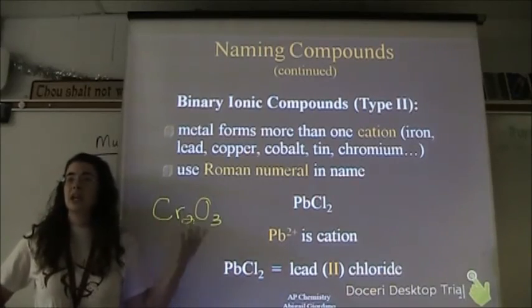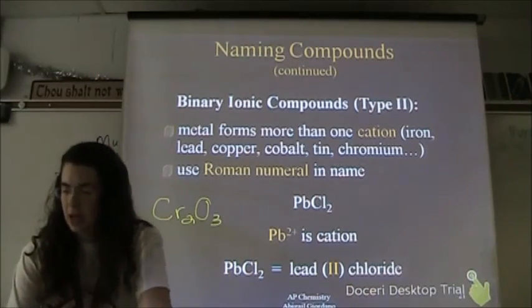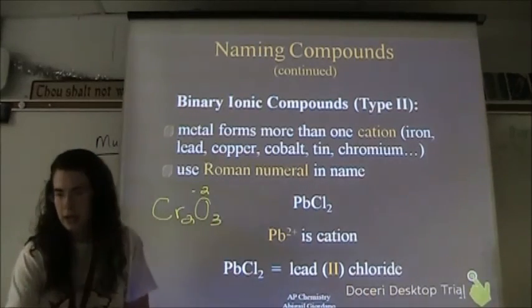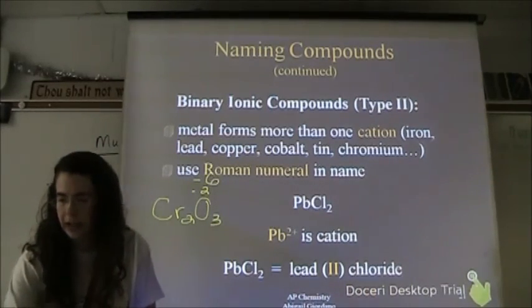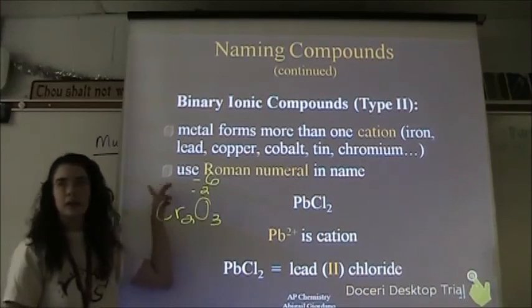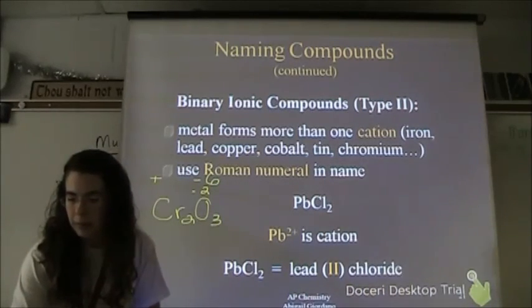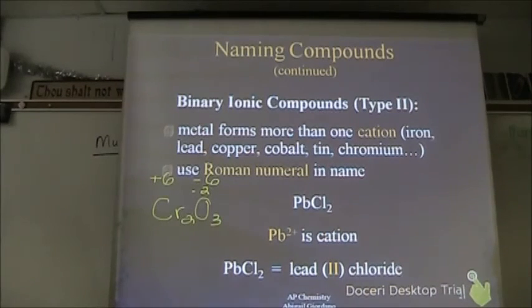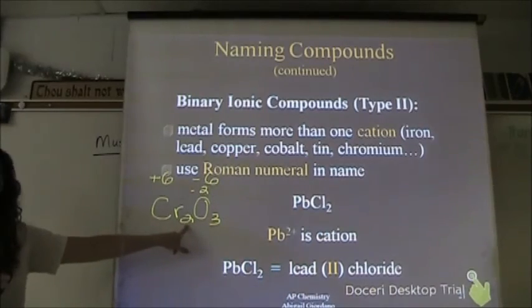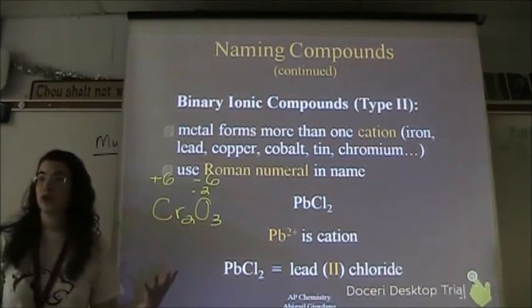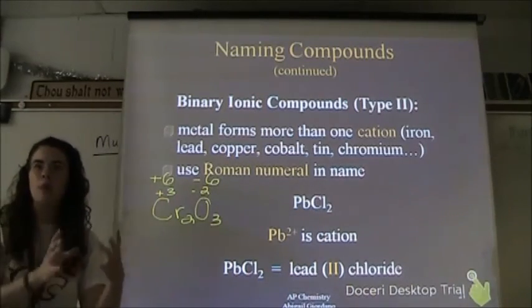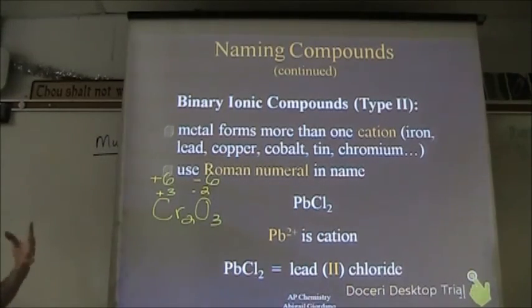Oxygen in this case is going to have a charge of -2 times 3. So that's a total negative charge of -6. +6 is going to balance that out. But don't write chromium 6 oxide. There's 2 of them. So each one must have a charge of what? +3. So this would be chromium Roman numeral 3 oxide.